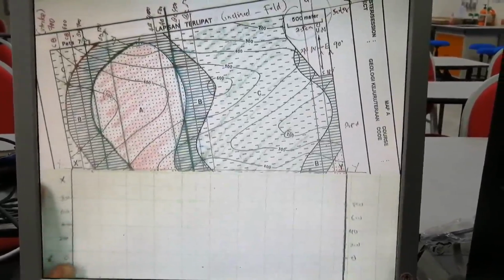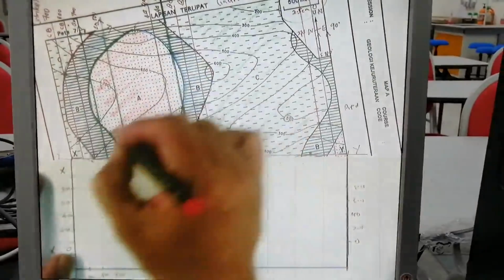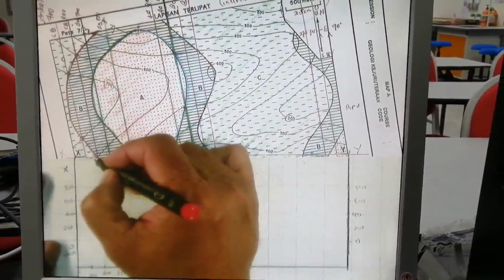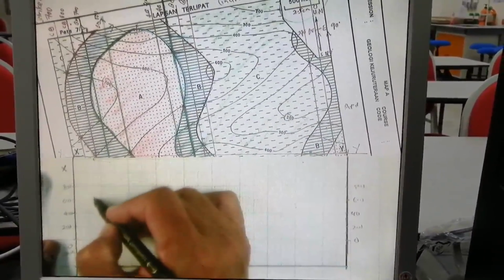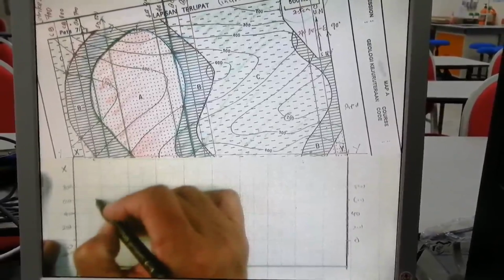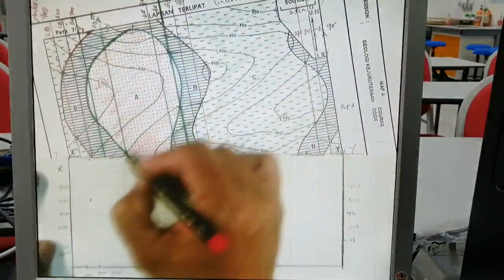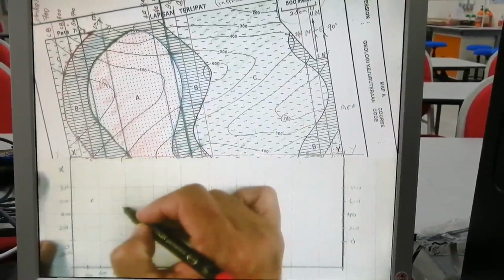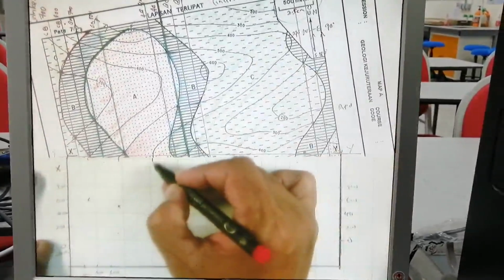Okay, now it's flat, so you know this is 600. We hit this line, so drop this line to 600. So this is the line. Then another line here is 500, in between 4 and 5 somewhere here. And then we have another 400 here.